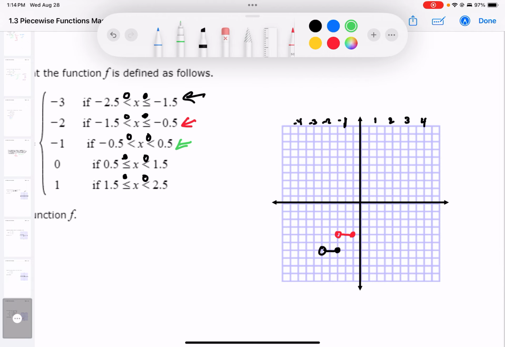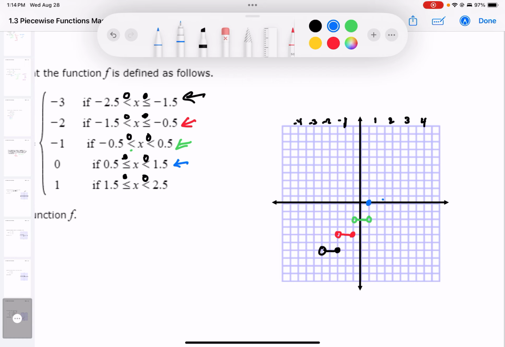Okay, so now let's go green. So we've got an open circle, and it also ends with an open circle because they're both less than characters, not the greater than or equal to. Okay, and then what color am I going to use? I'm going to use blue. So left to right, if it's equal to 0.5, that would be here.